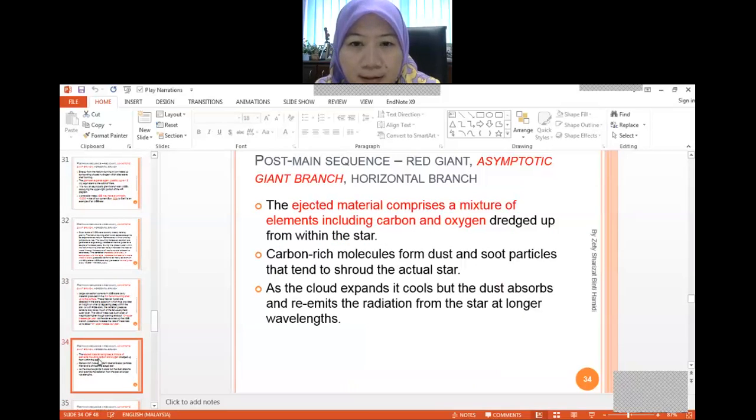This is a process where it ejects materials comprised of a mixture of elements, including carbon and oxygen, and also carbon-rich molecules. In this case, the clouds will expand and cool, but the dust absorbs and re-emits radiation, especially at longer wavelengths.